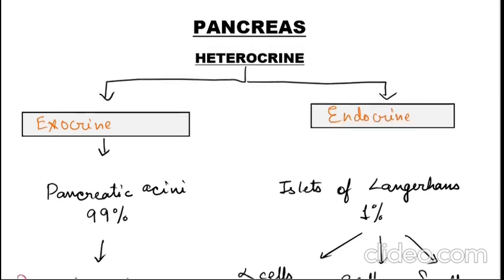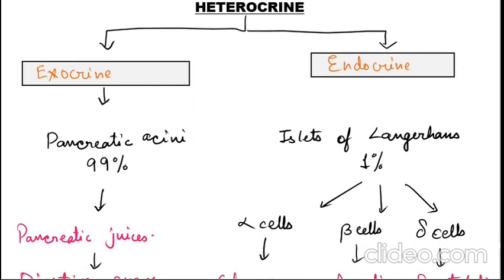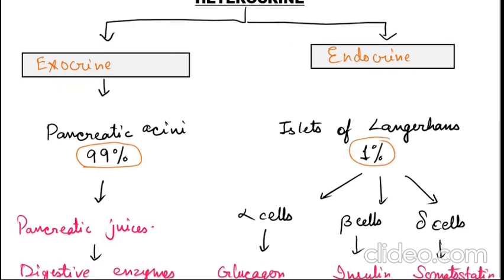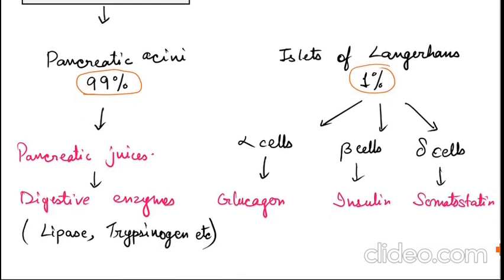Within the exocrine we have pancreatic acini, which make up 99% of the pancreas, and the endocrine part is the islets of Langerhans, which is only 1%. From pancreatic acini, pancreatic juices and digestive enzymes are produced, for example lipase, trypsinogen, etc. And from the islets of Langerhans, we get alpha cells, beta cells, and delta cells, from where we get glucagon, insulin, and somatostatin.